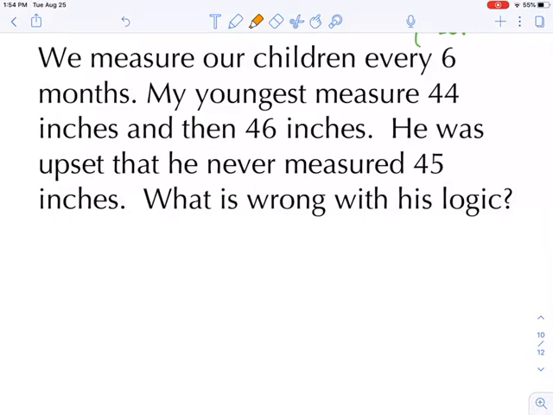What is wrong with his logic? He should not have been upset, but he was. He really wanted to be 45 inches.